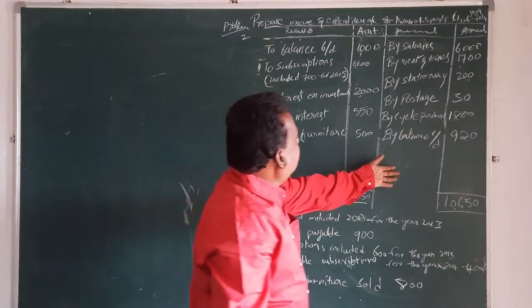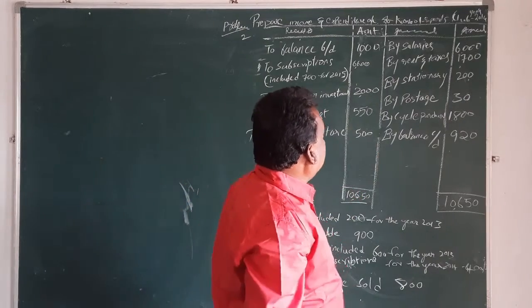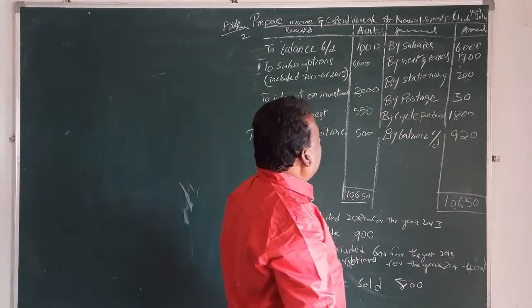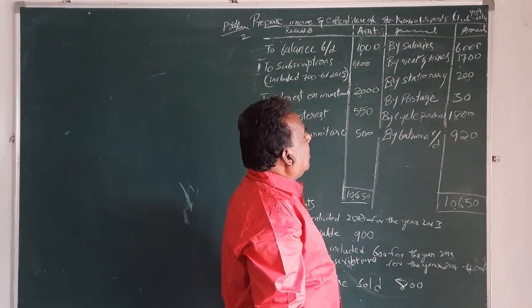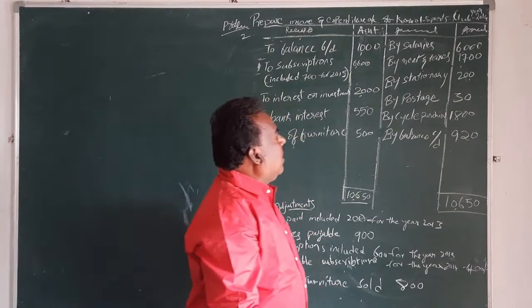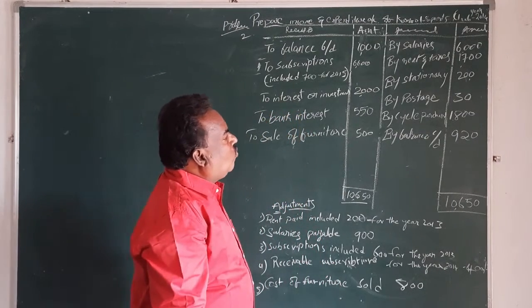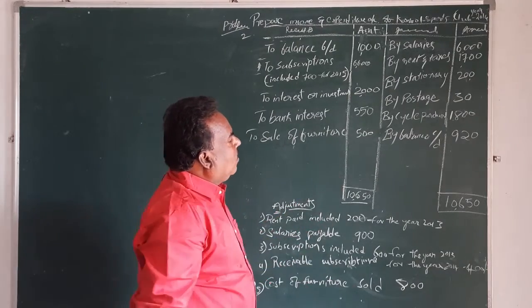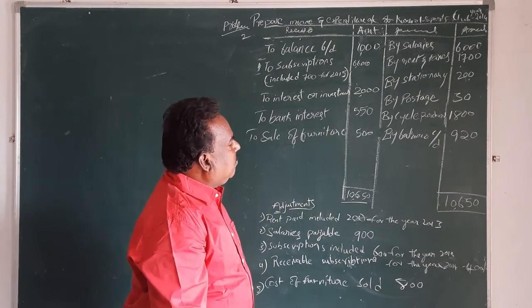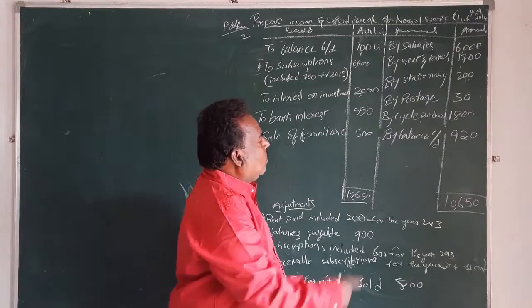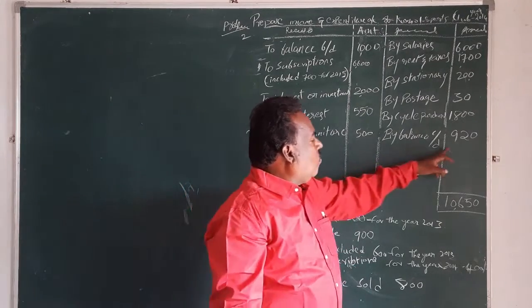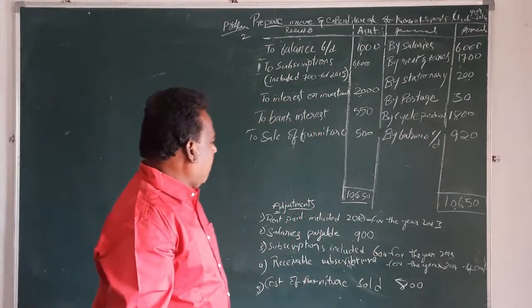These are the payments of the non-profit organization. Expenditure: salaries 6,000, rent and taxes 1,700, stationery 200, postage 30, cycle purchase 1,800, and balance carried down 920.